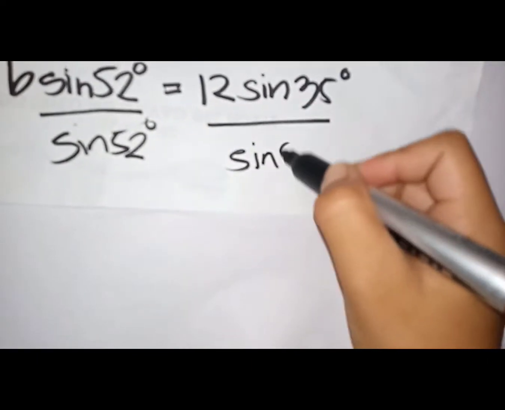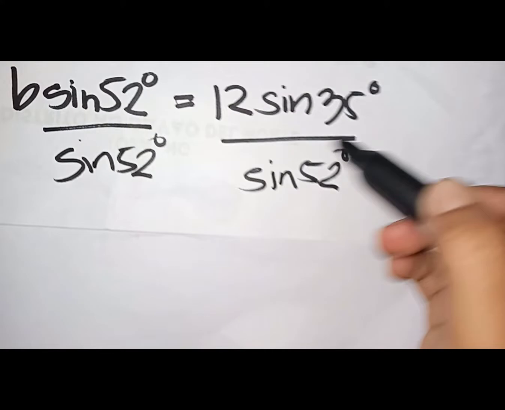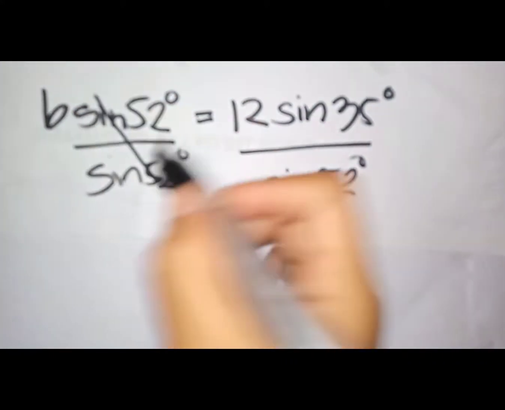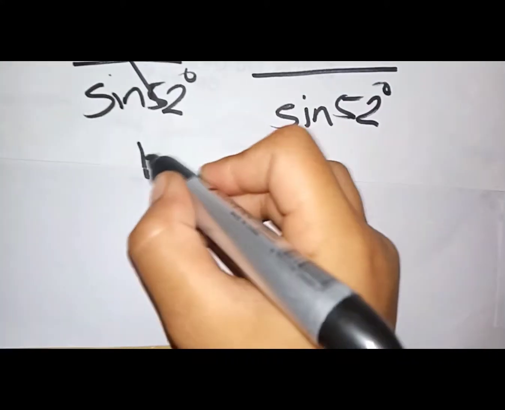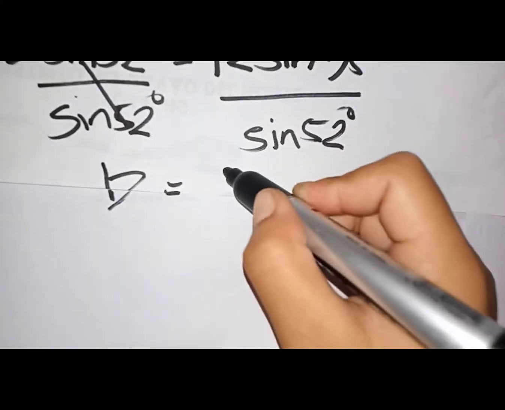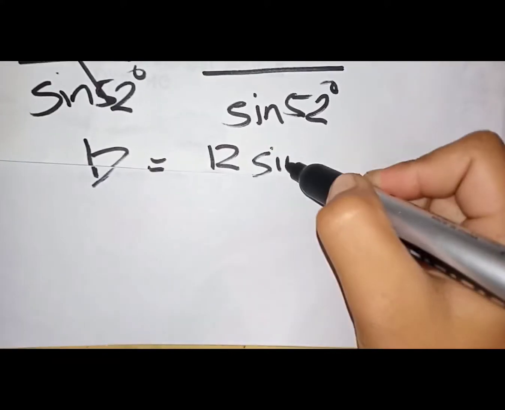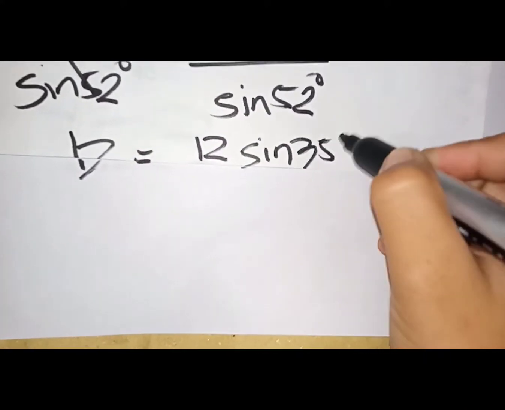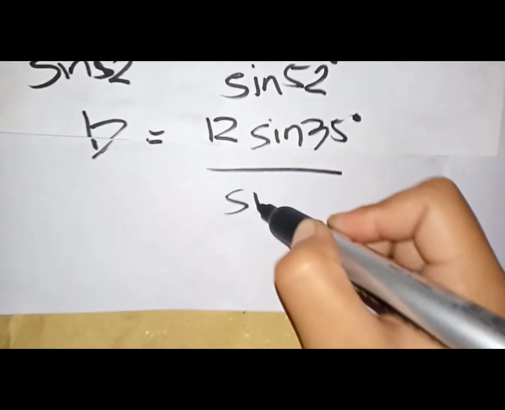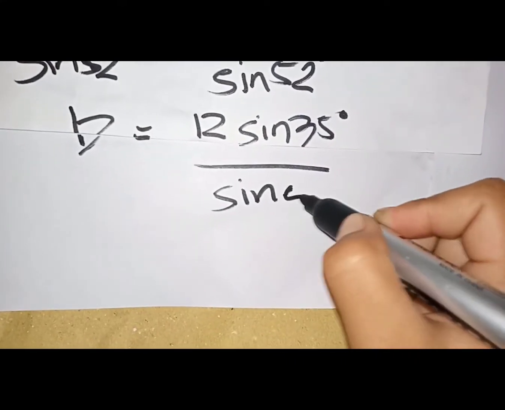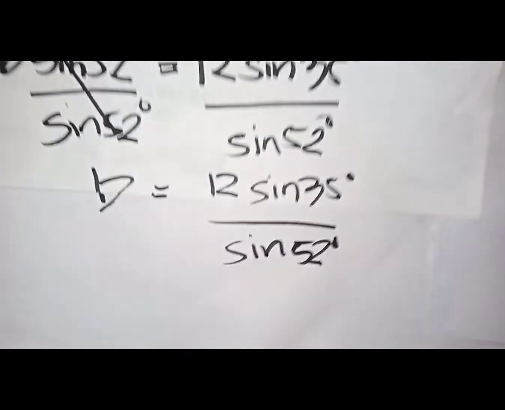Cross out. And then B is equal to 12 sine 35 degrees over sine 52 degrees.